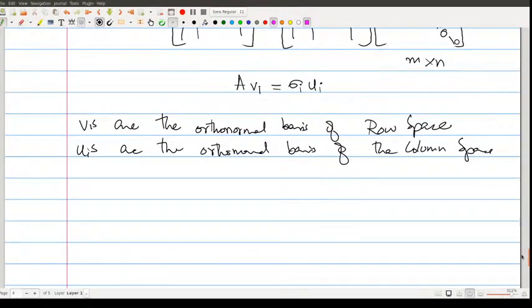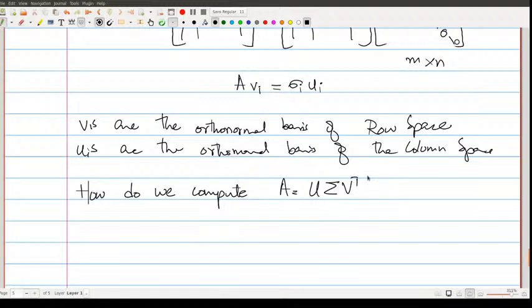All right. So let me now tell you how to compute this factorization. How do we compute A equals U sigma V transpose?